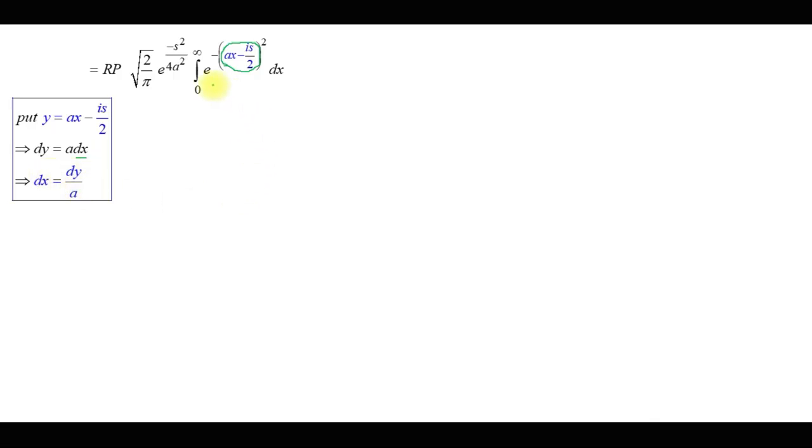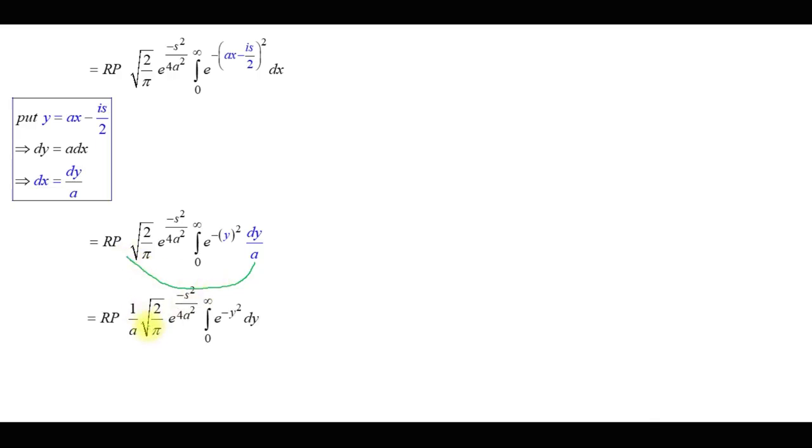So substitute y equal to this term and dx equal to dy by a. That is, we have to change the x limit into the y limit. So e to the power this entire term is y, and dx equal to dy by a. So now 1 by a is constant, we take it outside, which is equal to the real part of 1 by a square root of 2 by pi e^(minus s squared by 4a squared), integral 0 to infinity e^(minus y squared) dy. In the last problem we have seen that the integral from minus infinity to plus infinity of e^(minus y squared) dy equals root pi.